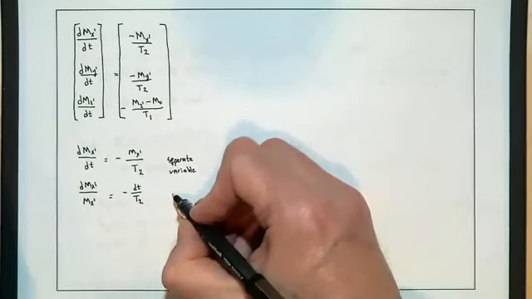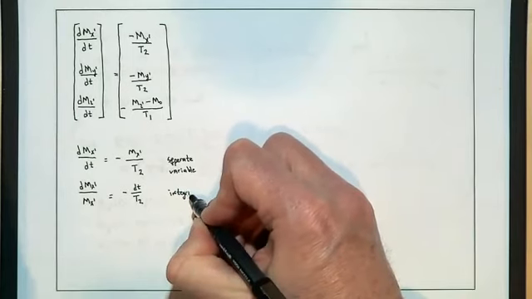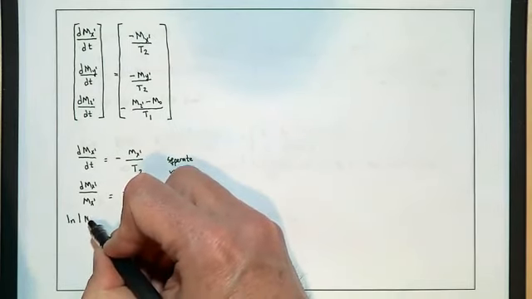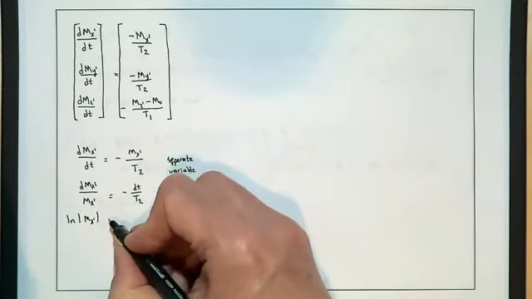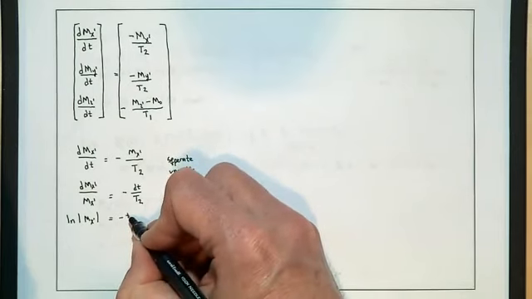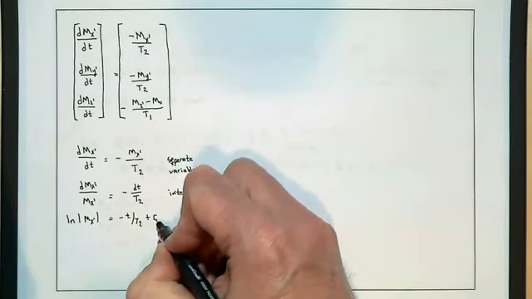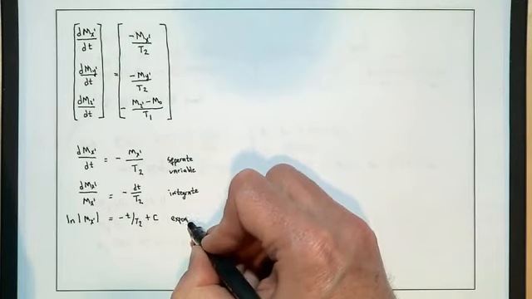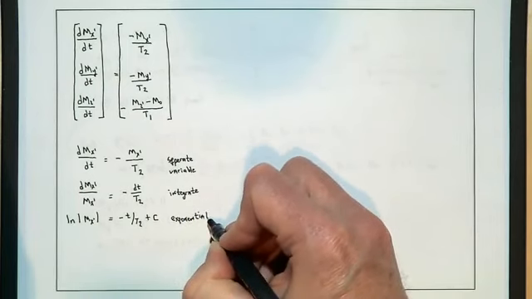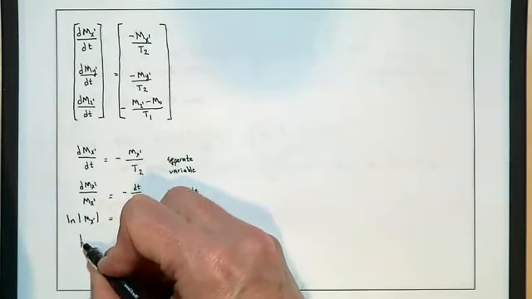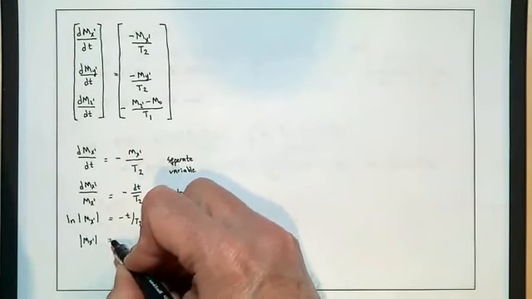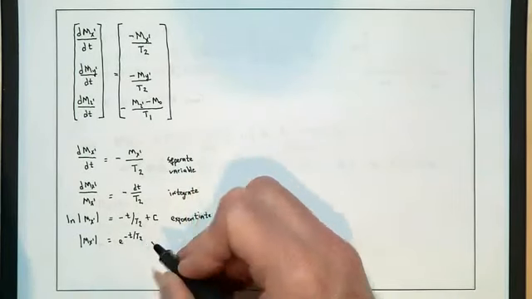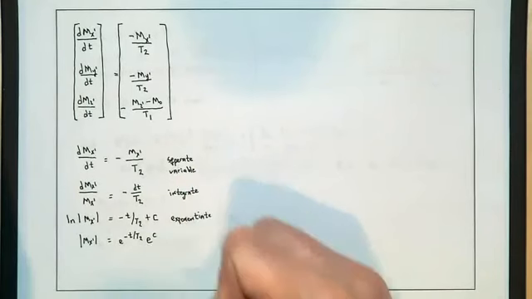The next thing I'll do is integrate both sides. So integrating the left-hand side, I just get the log of the absolute value of mx prime, and that's going to be equal to minus t over T2 plus some constant. I can then exponentiate both sides, and I just get the magnitude of mx prime is equal to e to the minus t over T2 times e to the c.